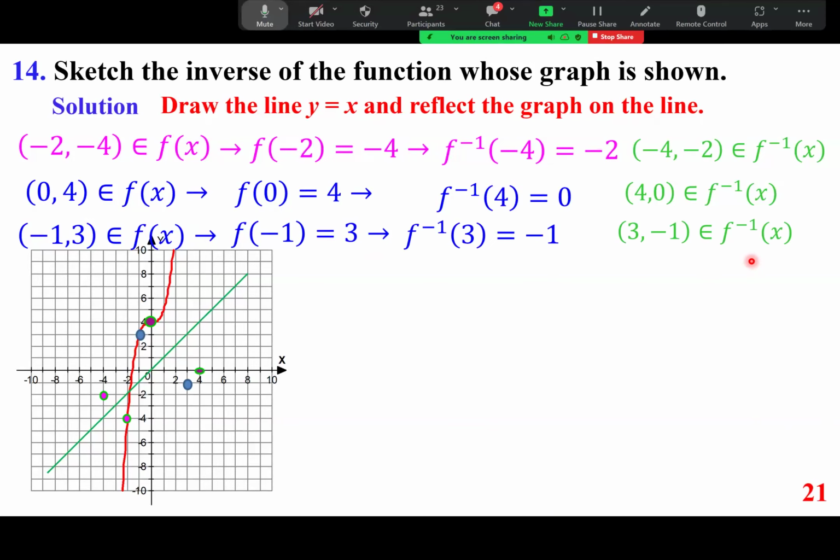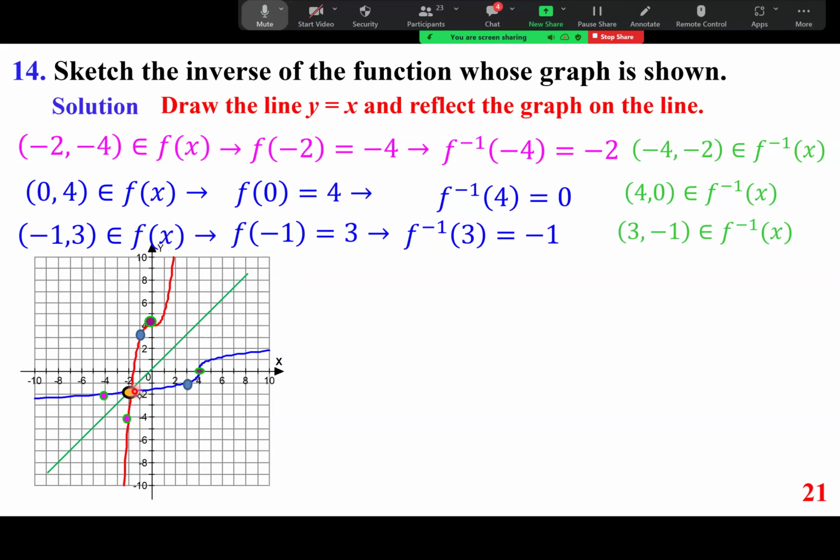And looking like that. By the way, if there is a point of intersection, because x and y are interchanged, and the x on one is equal to y on the other, if they intersect, it has to be on the line y equals x. And that's the graph of the inverse.